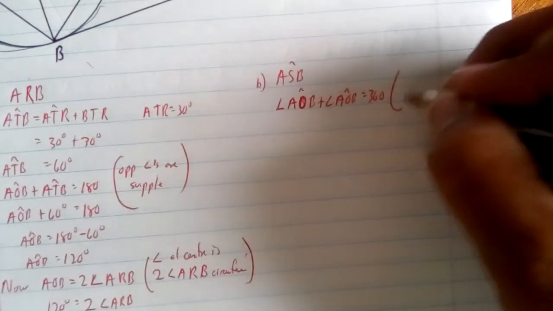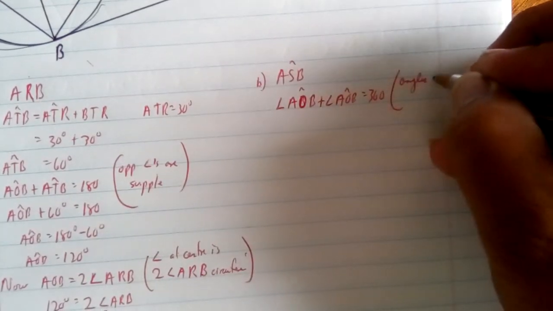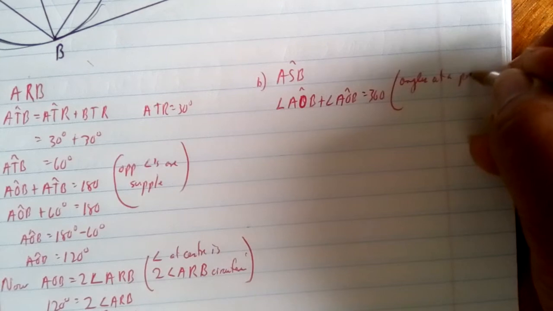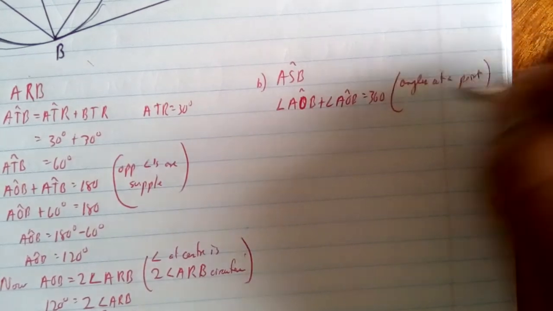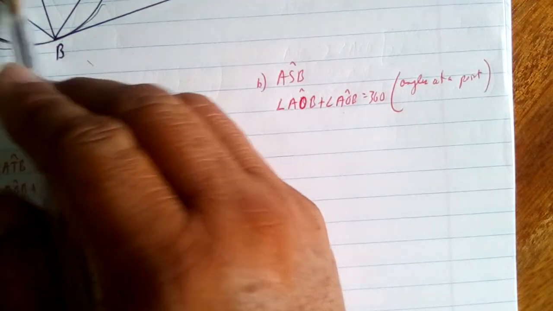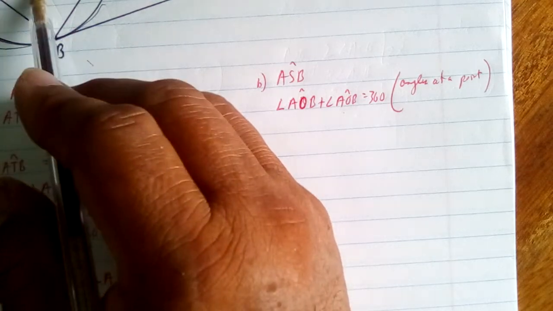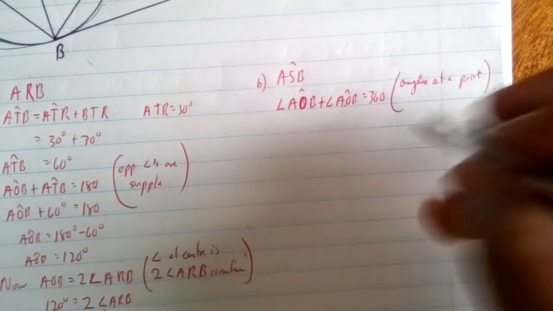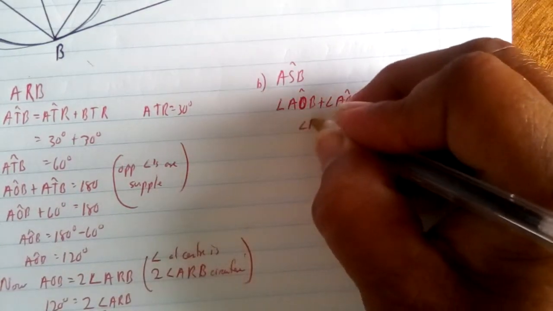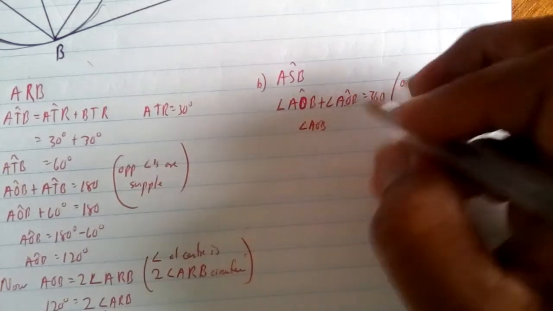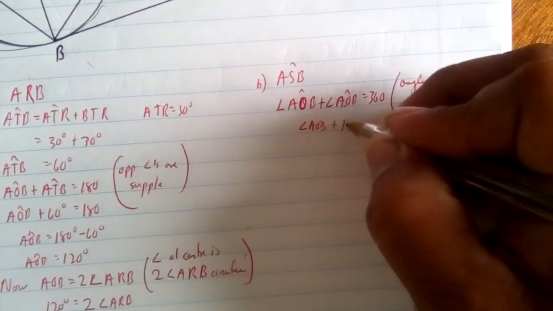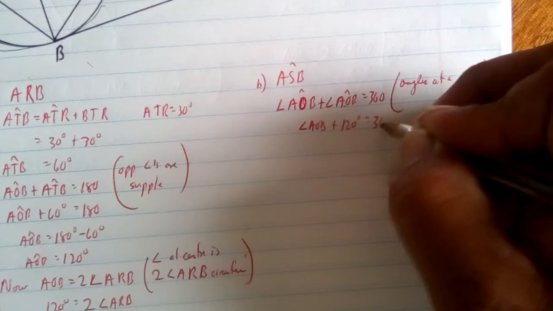These are angles at a point. We have the reflex and we have the obtuse. We know the obtuse one. So we have angle AOB plus 120 degrees equals 360.